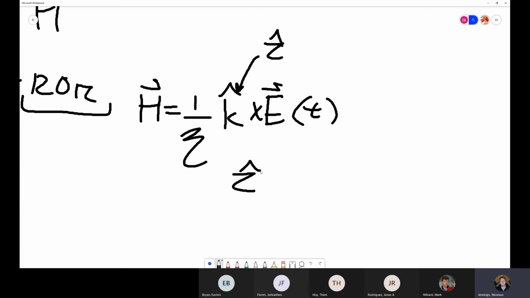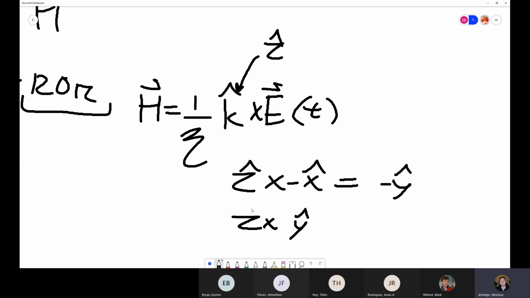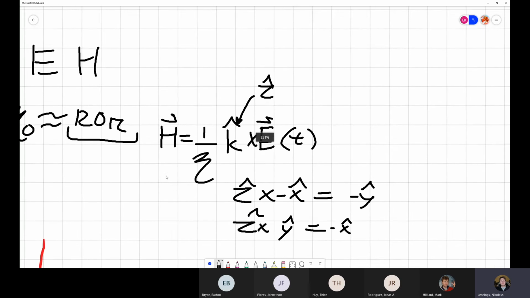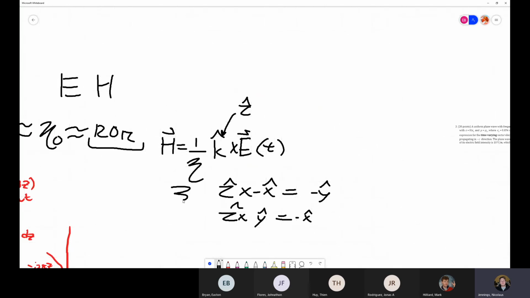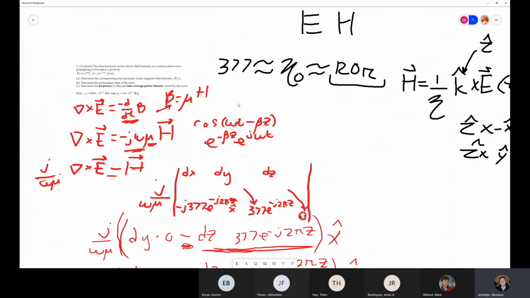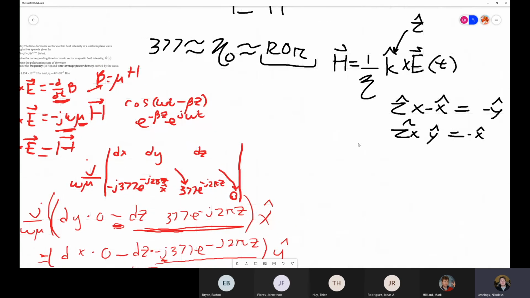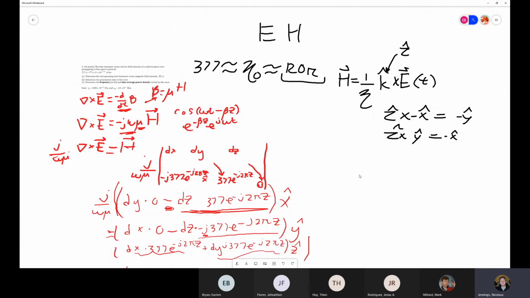Z hat cross minus x hat gives you minus y hat, and then z hat cross y hat gives you minus x hat. And because this is 377, you can just divide by 377 and get a very simple answer quickly too. There are both ways you can do it.